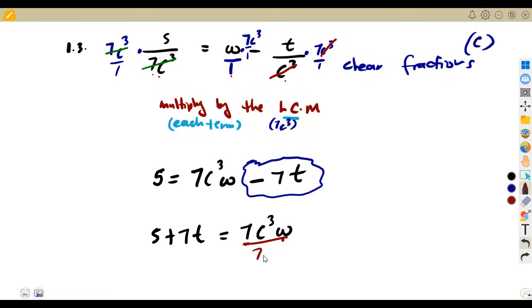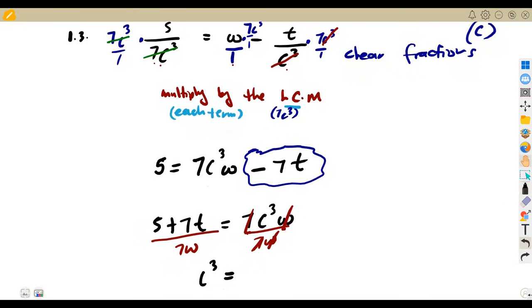Here we can divide both sides by 7 omega. This one and this one cancel, this one and this one cancel. We remain with c cubed. So c cubed is equal to what we have on the other side, over 7 omega.